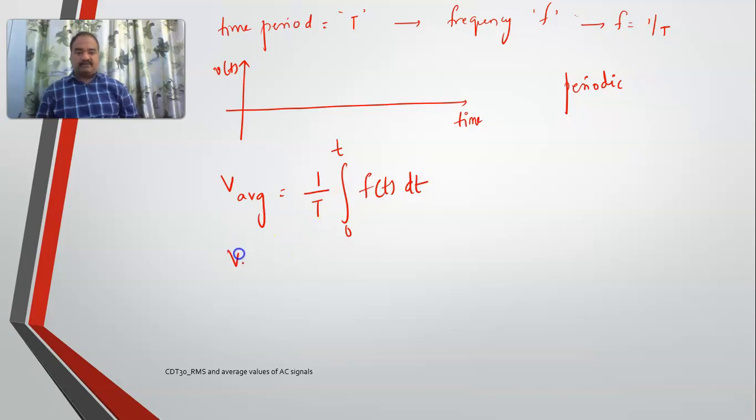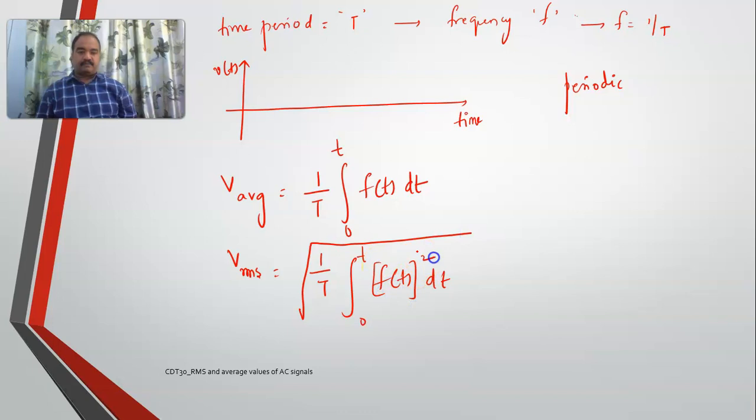Whereas the RMS value is determined using the same equation, but with the root and the mean square. So if a pattern is given, then you can determine the average and RMS values.